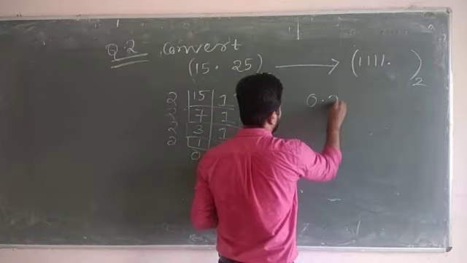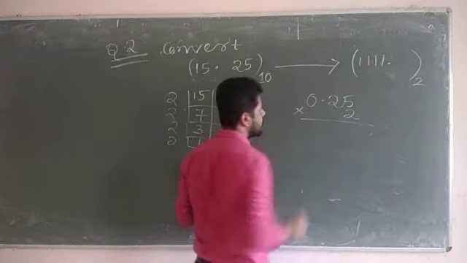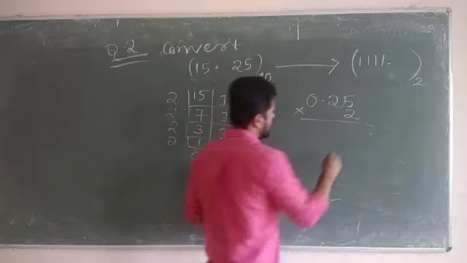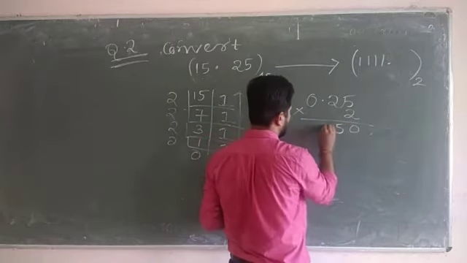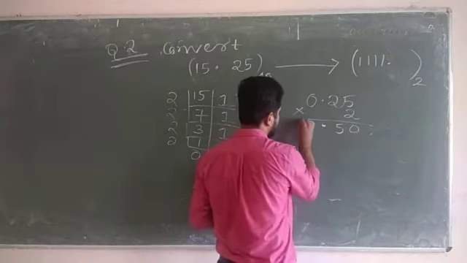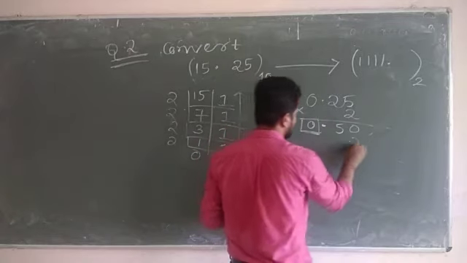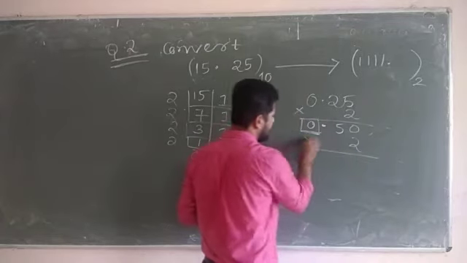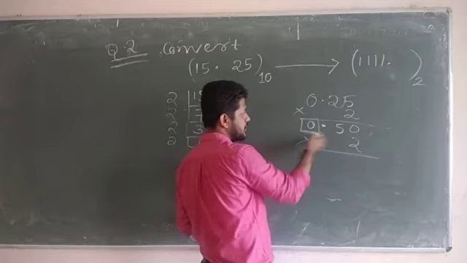So 0.25. Multiply this number with 2. So 2 into 5 is 10, that means 0 carry 1, and 2 into 2 is 4, then 5. So keep the integer part, exclude that number 0. Then again multiply with 2. Never multiply with this number, that's why I am making a box.